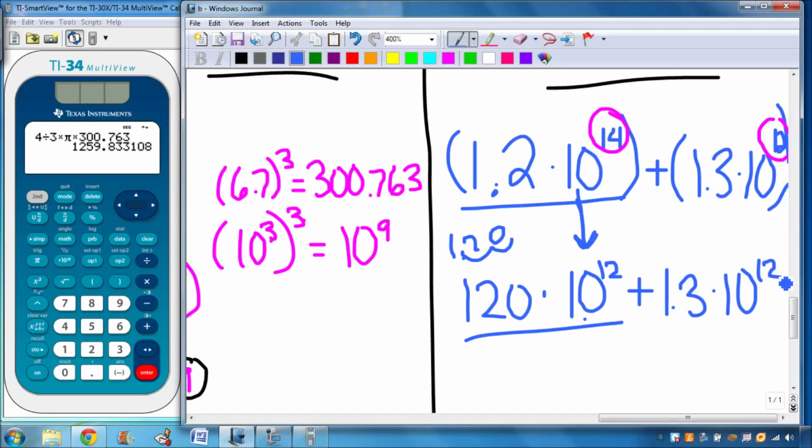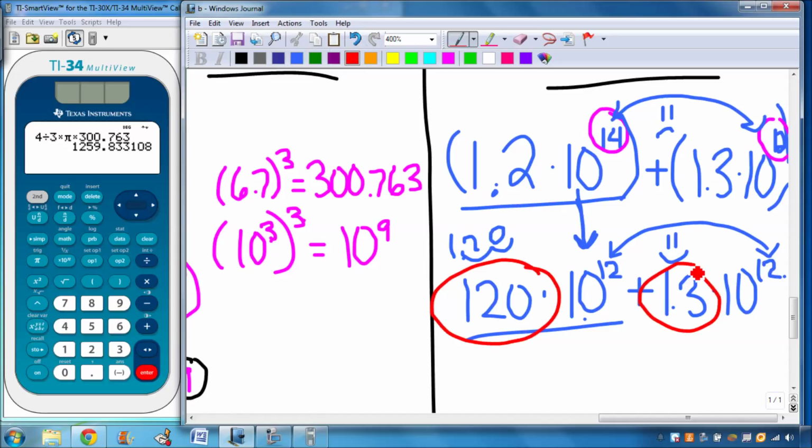Now and only now, because their exponents are the same, this works. It didn't work before because the exponents were different. Now I'm allowed to add my coefficients, 120 and 1.3 together. So I end up getting 121.3 times 10 to the 12th power.